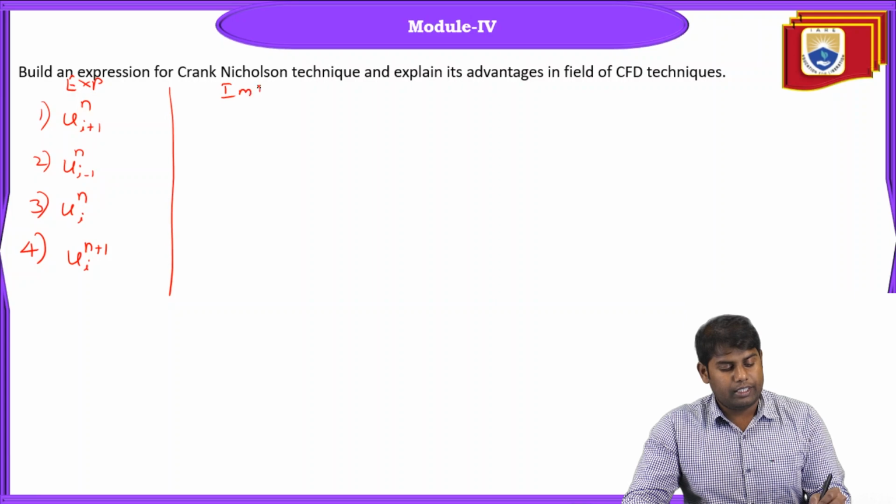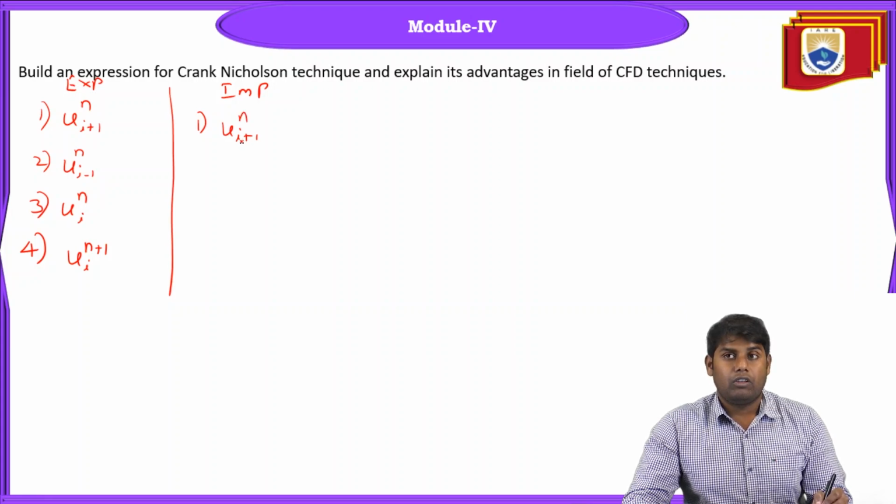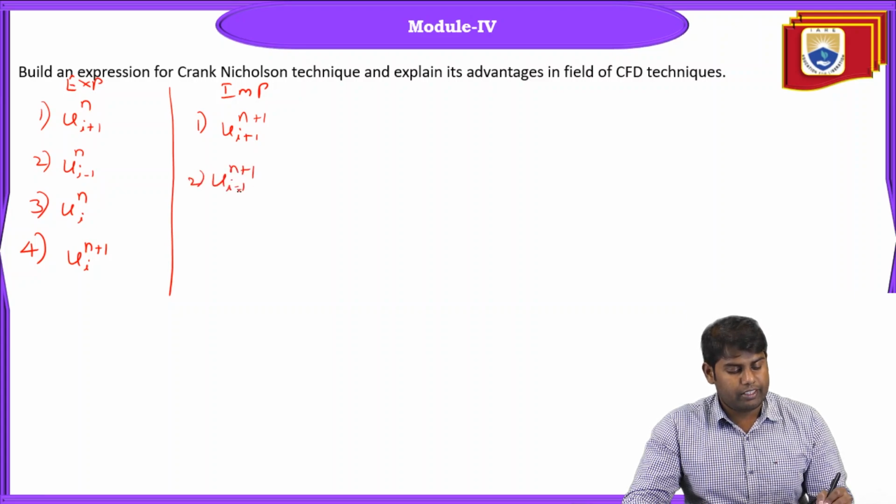Now for the implicit, what happened? Let us write the same. u of i plus 1 to the power of n plus 1. The second one is u of i minus 1 to the power of n plus 1. The third one is u of i to the power of n plus 1.